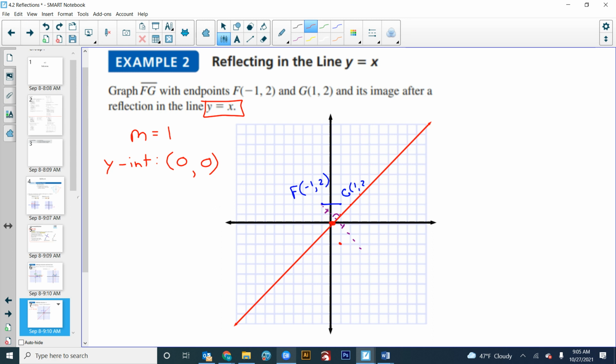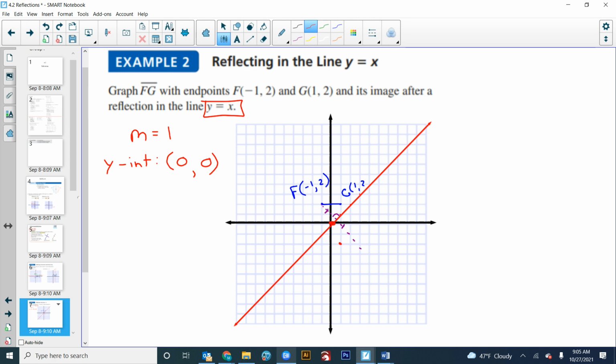Olivia? Wait, wouldn't the x stay the same? Because we just said that. Well, that was for x-axis reflection. Well, I'm confused on why it's going down instead of just over. I'm not sure what you mean. Like it's going diagonal instead of just over. Because it's a new line. We're not reflecting over the x-axis or y-axis. We're reflecting over this red line.